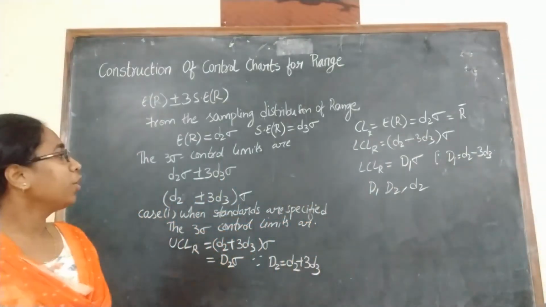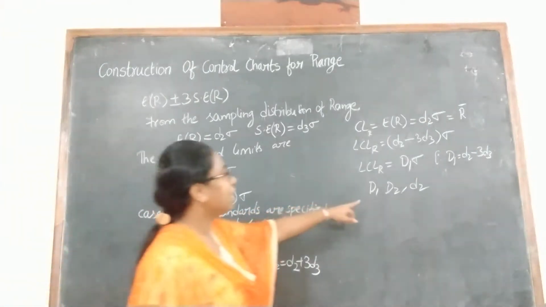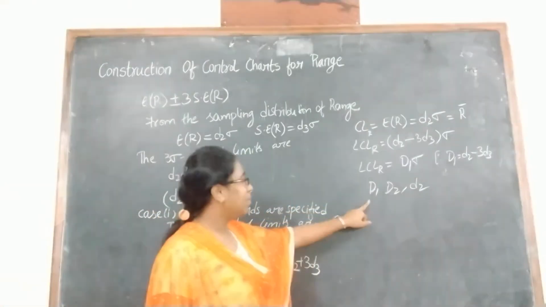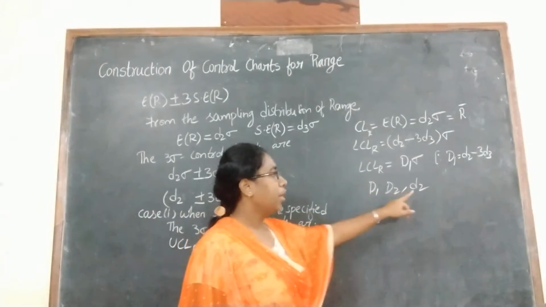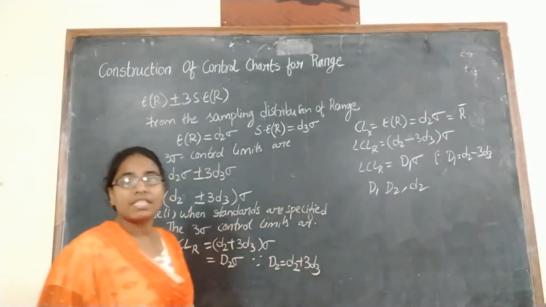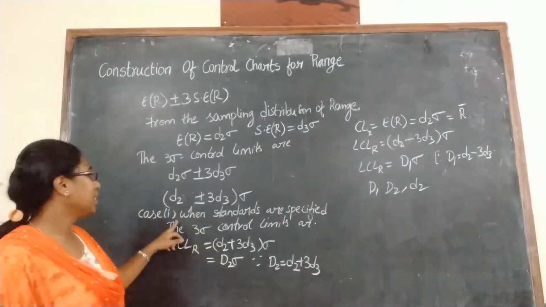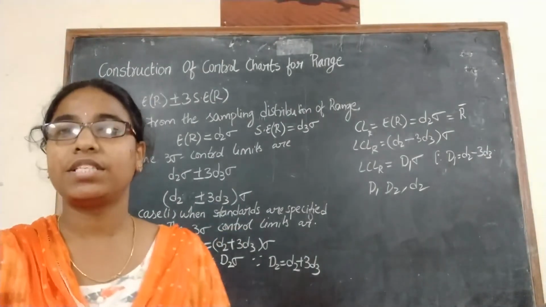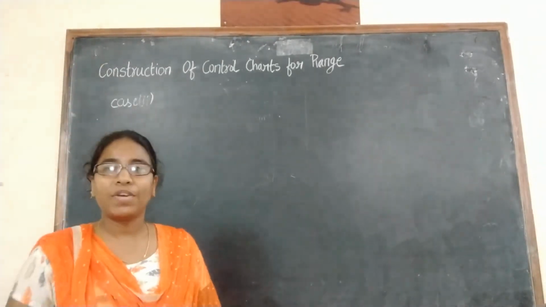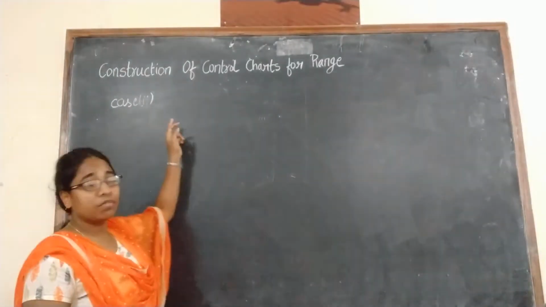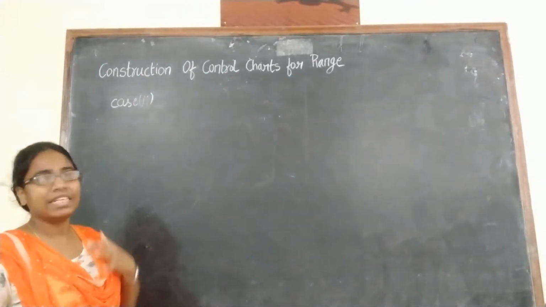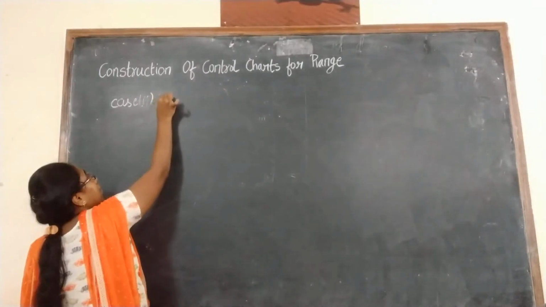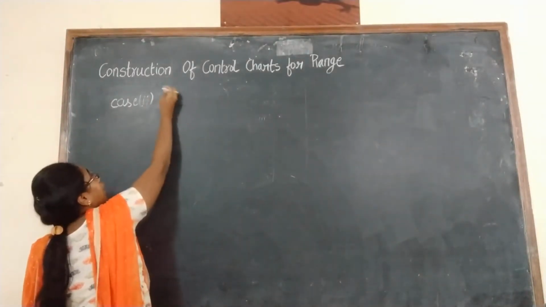Depending on your n value, you will get the values of capital D1, capital D2 and small d2. So this is case 1, when the standards are specified. Now we will see case 2. We have studied the control limits for case 1. Now we will study case 2, where the standards are unknown.